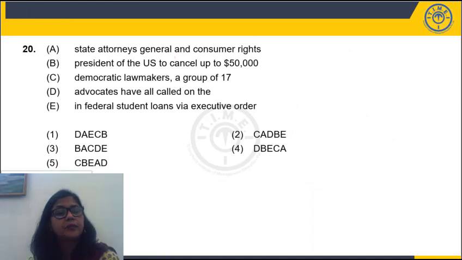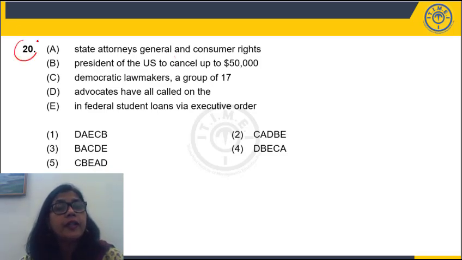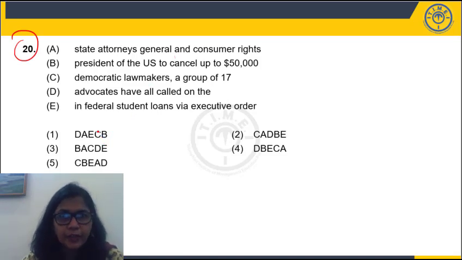Question number 20. All right, now question number 20. Let's try out another way, right? We'll read. See, with E we cannot start, but we don't have any options over here. That's the first thing that we see. Let's read the first option in this order.